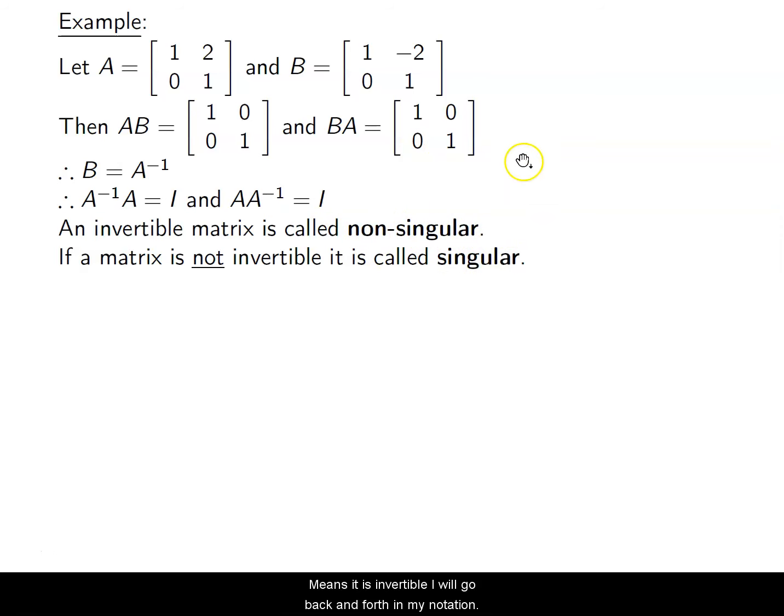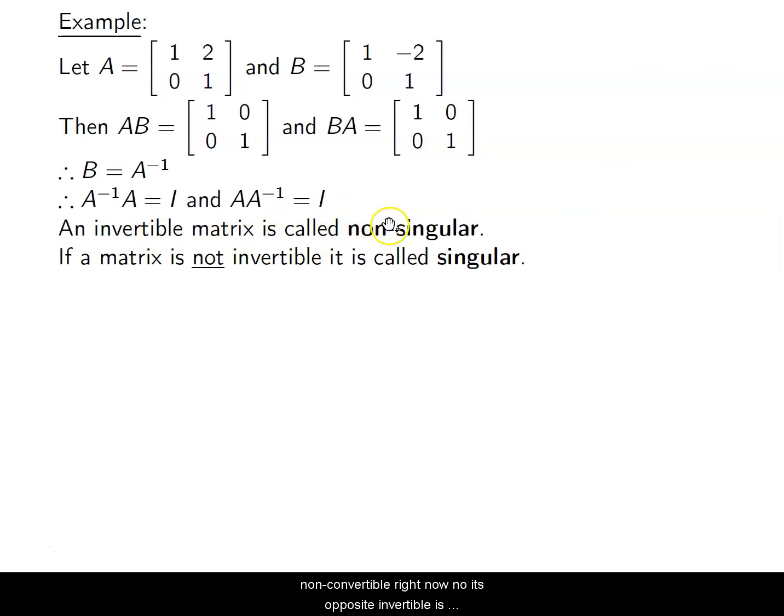I will go back and forth in my notation and verbiage as we go through these videos, calling it non-singular and invertible, just so that you get used to relating those two terms together. I want to make a big point of it now so that you don't get confused later when I say this thing is non-singular, and you think, wait, I thought that meant you can't invert it. No, it's the opposite.